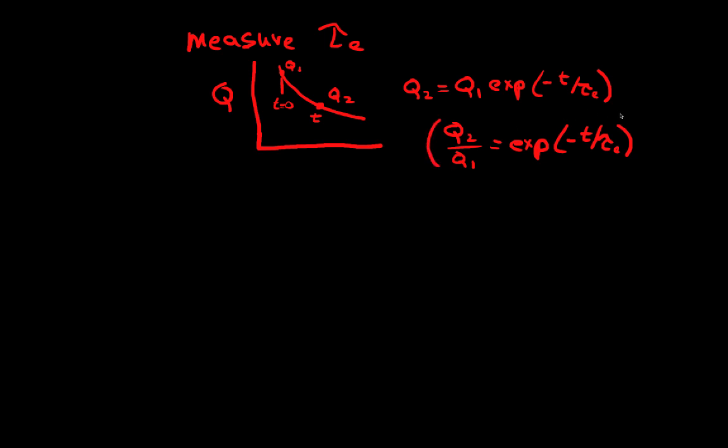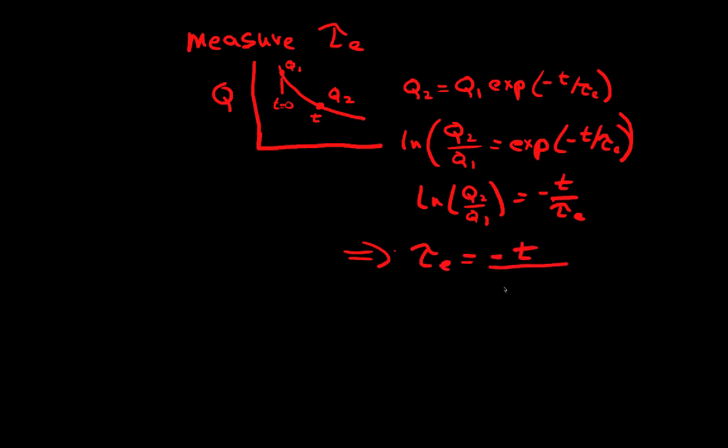Take the log of this. We're going to take the natural log, ln. So we have the natural log of Q2 over Q1, and the natural log of the exponent is just minus t over tau_e, and that gives us the answer then. Tau_e is equal to minus t divided by the natural log of the ratio of the discharges.